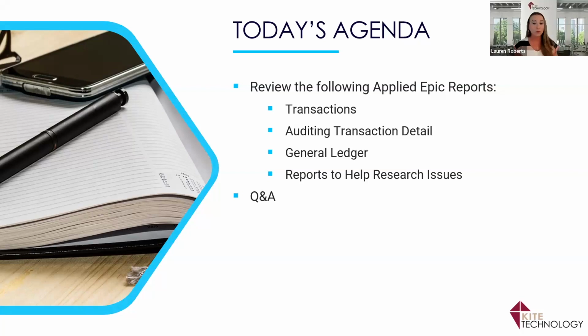We'll go through some reports that actually are not accounting reports, but they're very helpful for auditing transaction detail and policy information. We probably talked about those a little bit in our previous sessions, but we want to make sure we tie that back out to transacting. Of course, we'll talk about our general ledger reports and a couple of reports that can help you research issues on your own. Again, as a reminder, we'll be going over this at a high level.